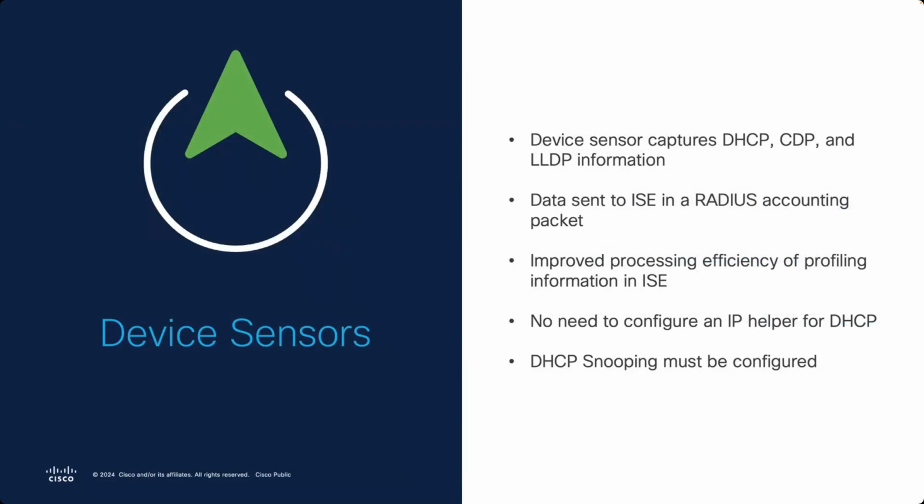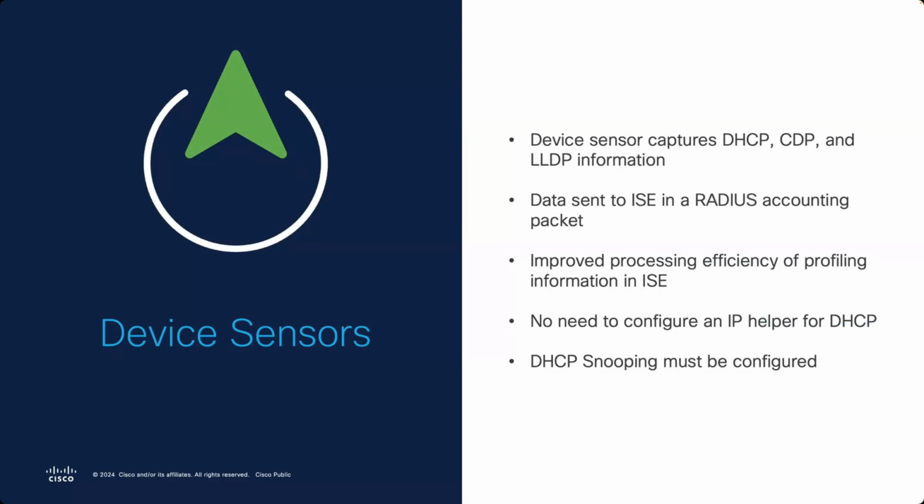Device sensors help to capture the DHCP, CDP, and LLDP information. Now, this is useful because it packages it up in a RADIUS accounting packet and sends it to ISE that way. A lot more efficient for ISE to manage that for profiling.